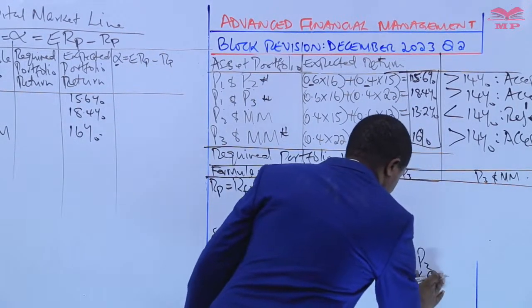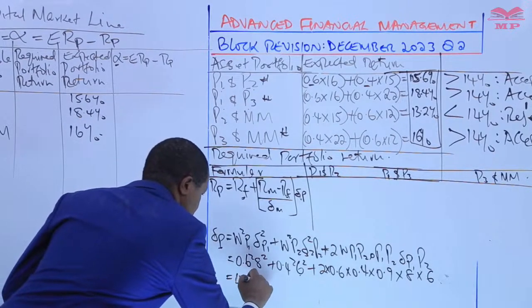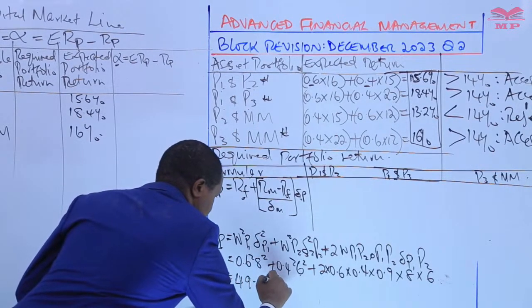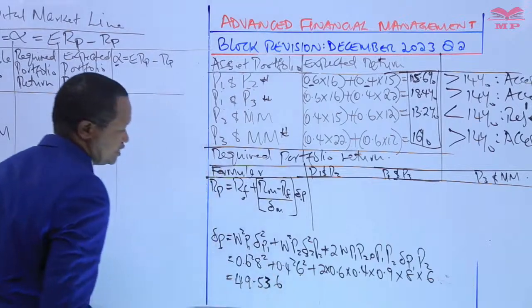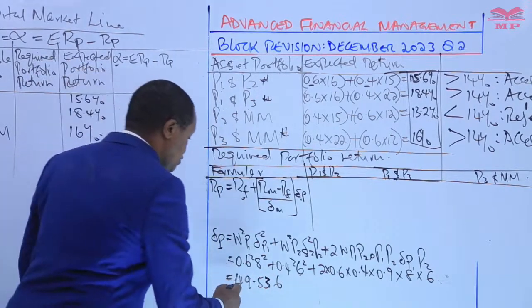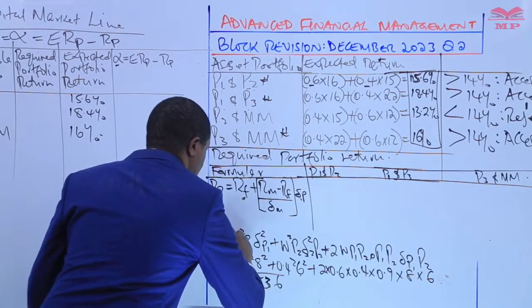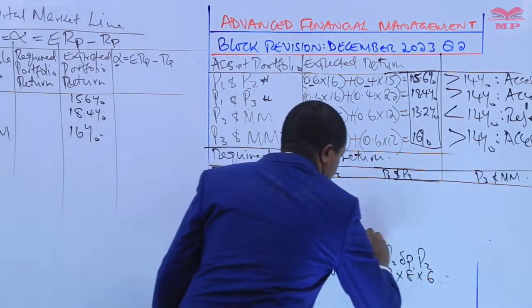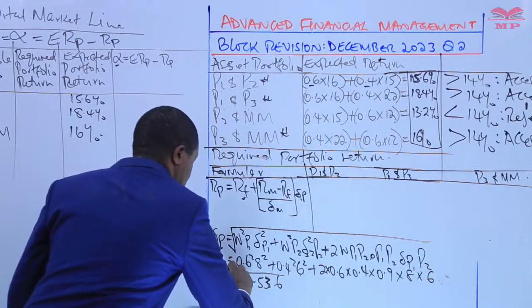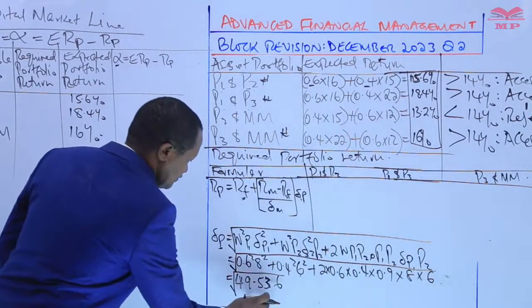That gives 49.536. Let me write it down here. So candidates, this is the variance, but we are calculating the standard deviation. So we have to get the square root of the variance.